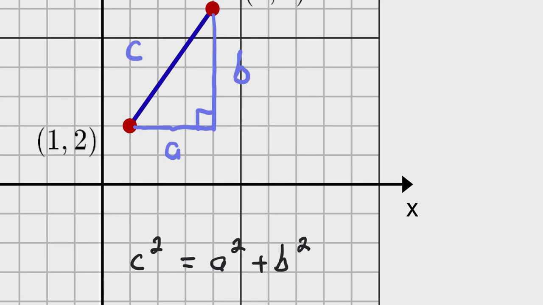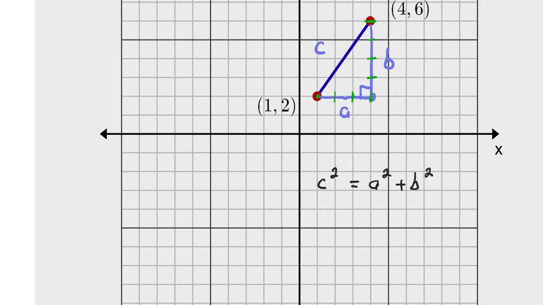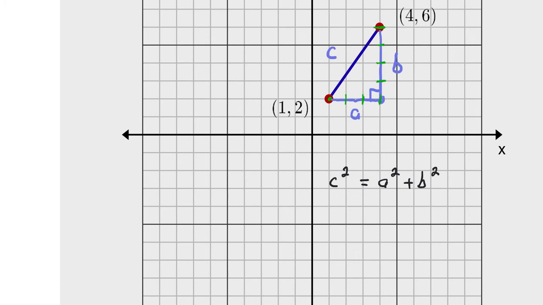From the corner here, moving upwards, 1, 2, 3, 4. So I know that length is 4, and I know that my A length is 3, because it's 3 squares and 4 squares. And with a quick calculation, I can figure out what C is.